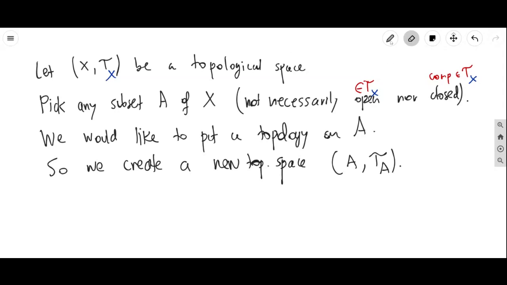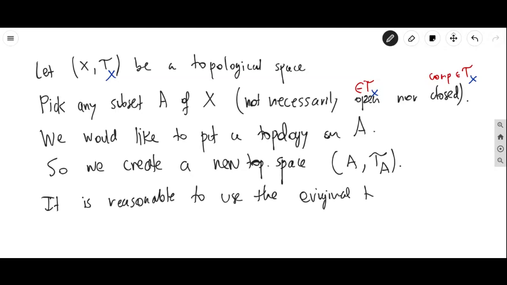And so it is reasonable to use the original topology on X and create a new topology on A.